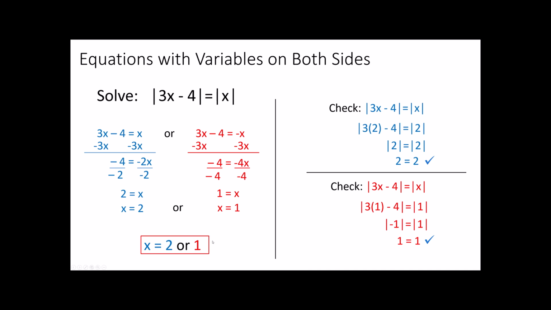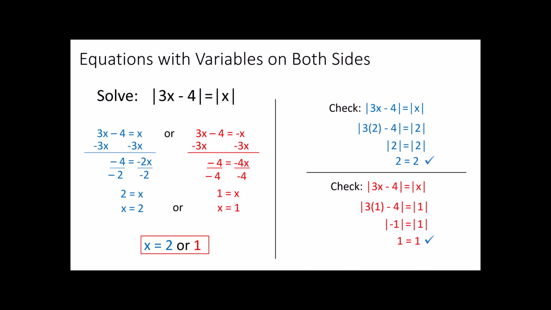Extraneous solution. Those are solutions that even though we did everything right, and even though they appear to be correct, when we check them, for some reason, they don't work. Solving absolute value equations is one of the ways that extraneous solutions are created. Another place this tends to come up is when you're working with square root equations. We'll deal with that later on in the year.